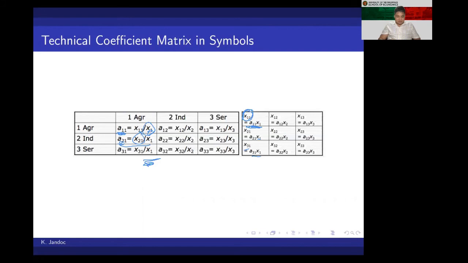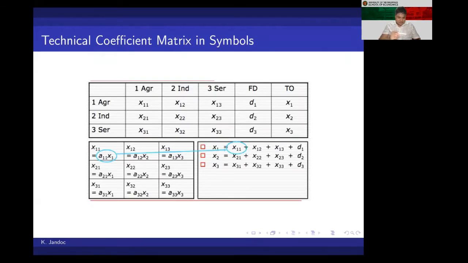So what we did is simply move the total outputs to the left hand side. Okay, so we cross multiplied it. So we recover these entries over here.